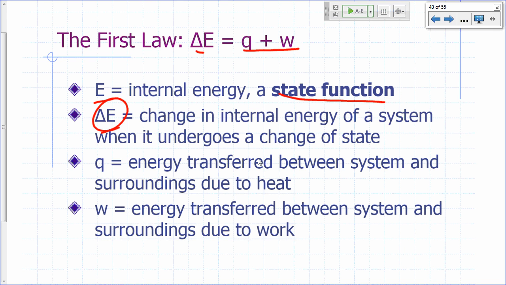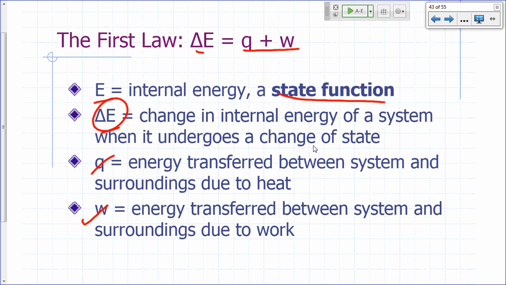That will give you delta E. So if you want to know what the change in the internal energy is, just look at how you got from your initial state to your final state, calculate all the Q's, calculate all the W's, add them all up, you get your delta E. Okay? So Q is the energy transferred due to heat, and W is the energy transferred due to work. So that's the first law of thermodynamics.